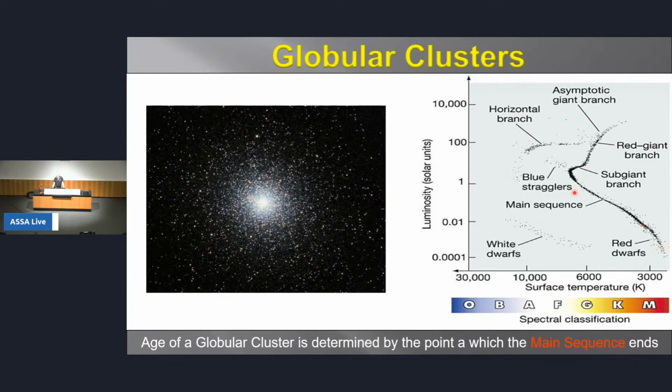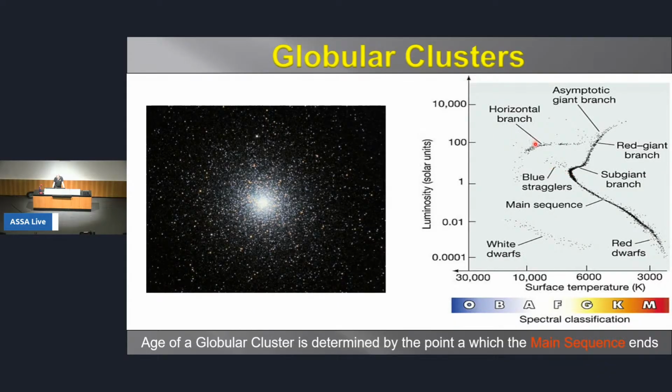And you can see there that this is the main sequence, and you can see the main sequence stops at a certain point. There's a knee there, and then it goes off into the red giant branch. So by looking at the point at which the main sequence stops, we can work out the age of a globular cluster.